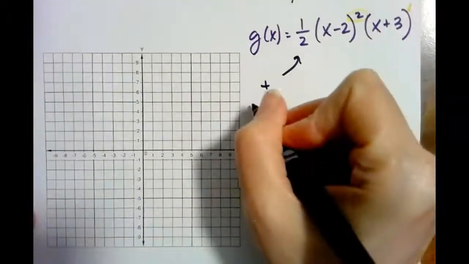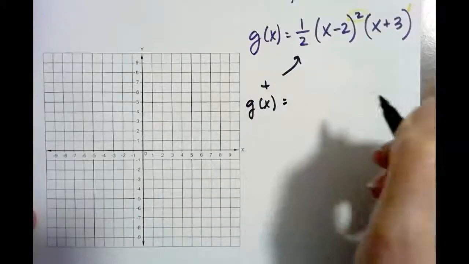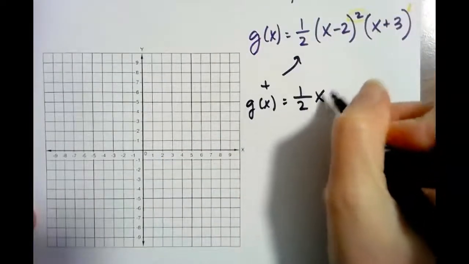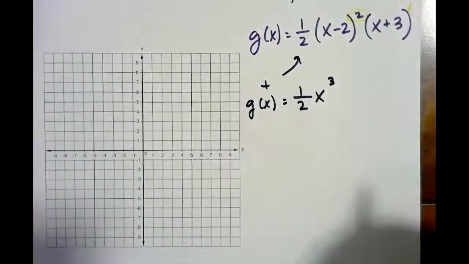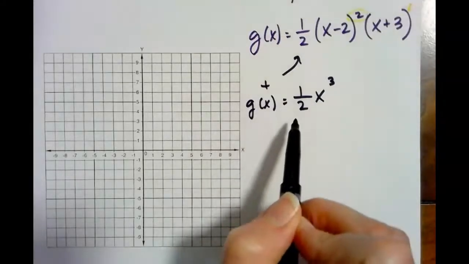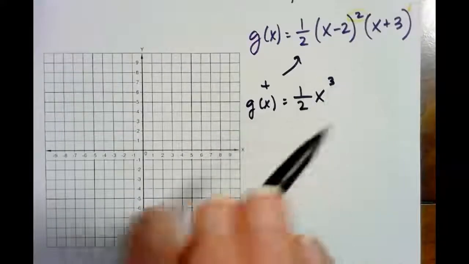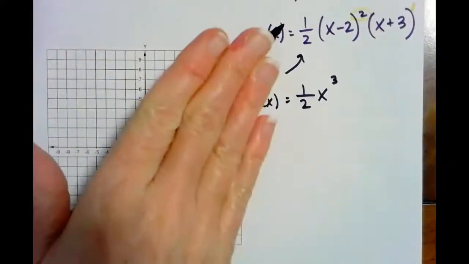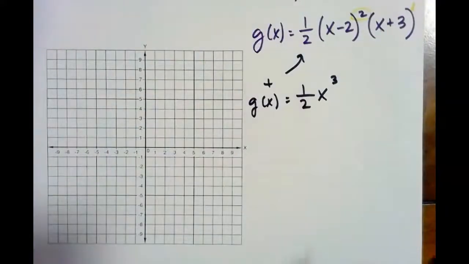So if we were writing out this particular polynomial, if we were expanding it, its first term would be 1/2 x cubed. So if it is an odd degree polynomial, that means our end behavior will be opposing. And since our leading coefficient is positive, this is going to be an increasing function, which means overall from left to right, the function will be increasing.